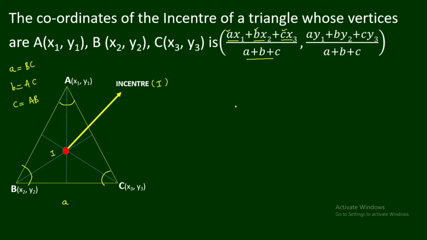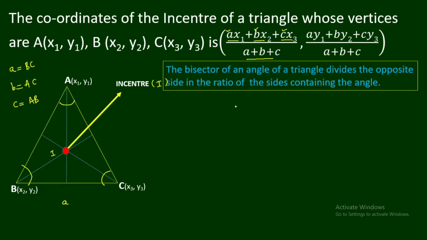Now we have a theorem called the bisector theorem, that is, the bisector of an angle of a triangle divides the opposite side in the ratio of the sides containing the angle. Suppose you take the bisector of angle A. So this is AD, and we know that this is BE and CF.